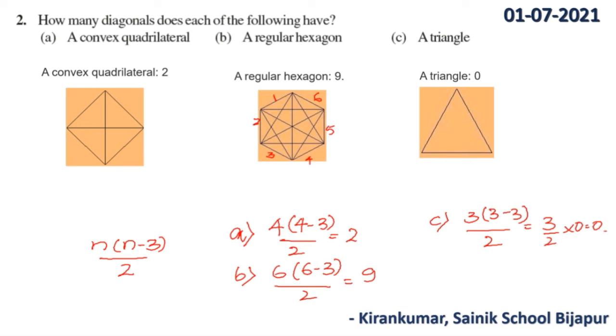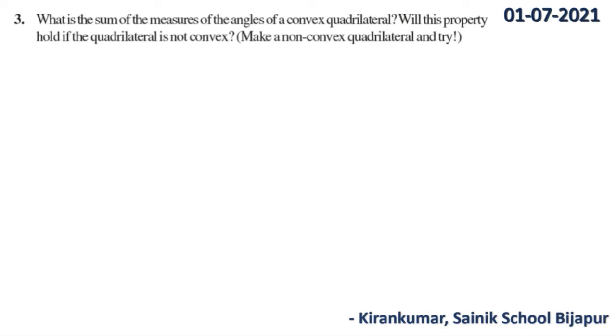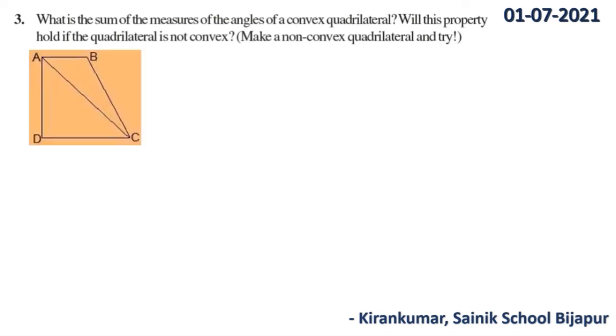Let's take up one more question. What is the sum of the measures of the angles of a convex quadrilateral? Will this property hold if the quadrilateral is not convex? Let me take a convex quadrilateral ABCD.